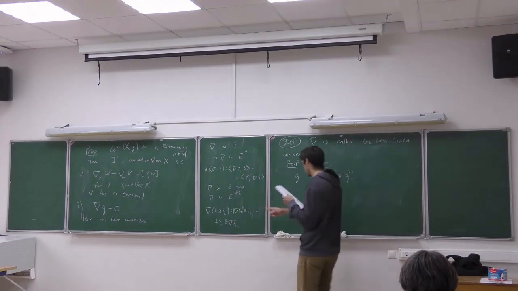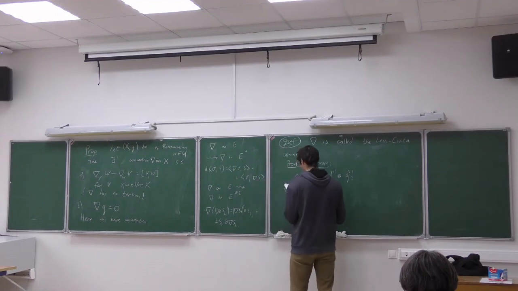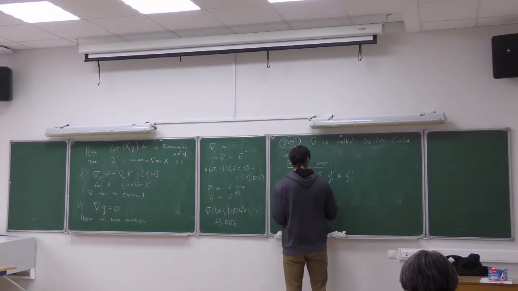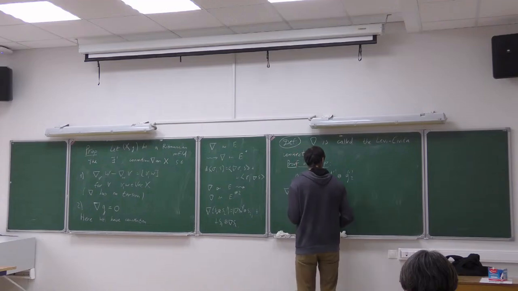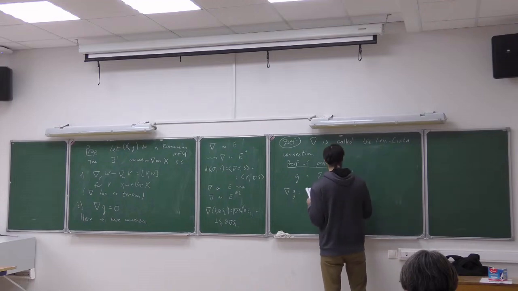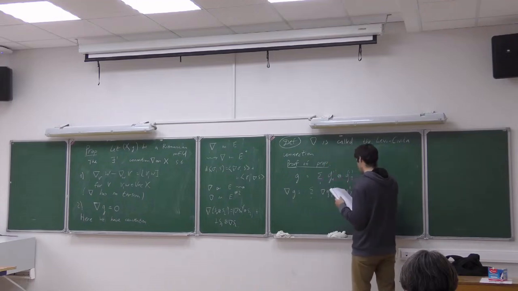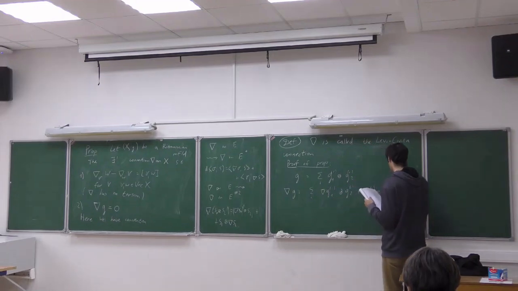Then according to our convention, I apply nabla to G, and this will be the sum over I of nabla applied to G1 tensor G2, plus G1 tensor nabla applied to G2.